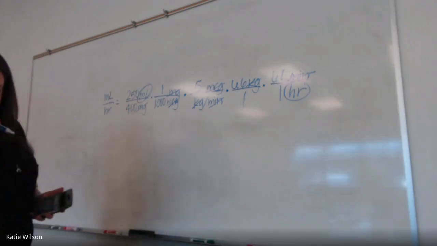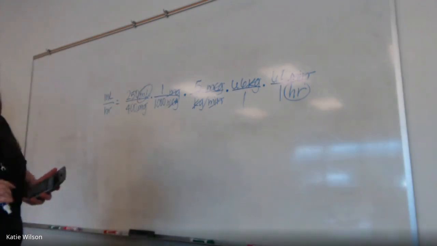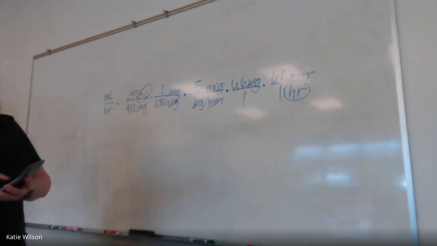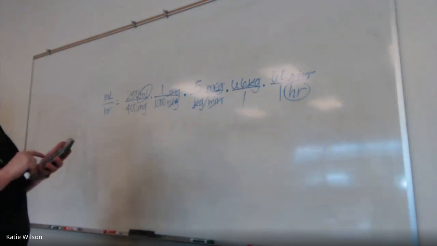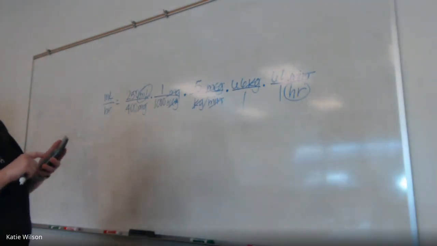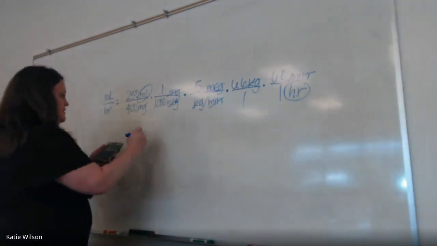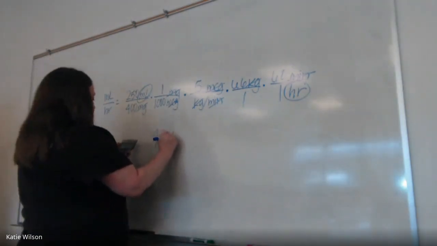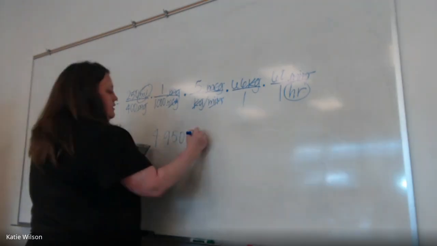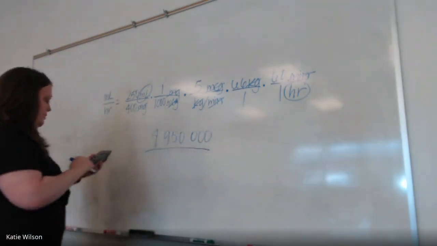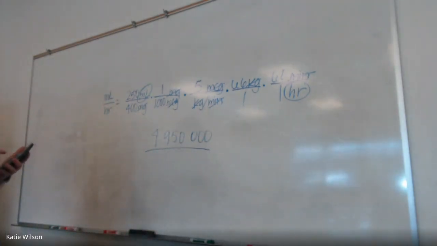What did you guys get? I got a really big number, but I might have hit the wrong thing. 250 times 5 times 66 times 60. So you get 4,950,000. On the bottom, we've got 400 times 1,000.